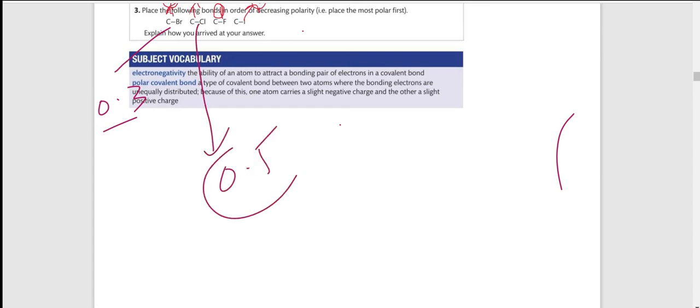We are moving towards ionic character. Okay. So the more we are moving there, the more we are getting polarity. For CF, it's much more. It's 4 minus 2.5, almost 1.5. And for CI, it is 0.